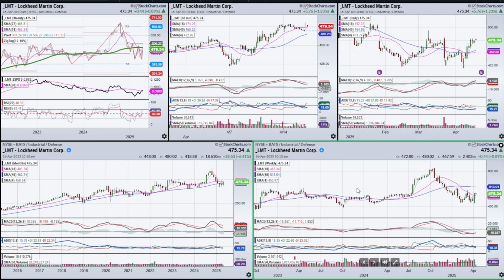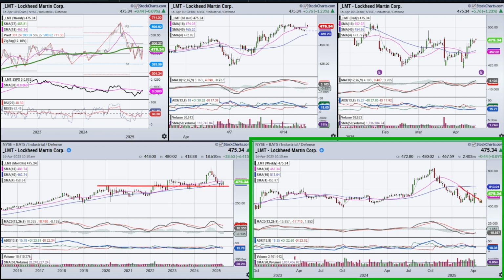All right, we've got LMT here, and I do think there's pretty good support. I can draw in and see that this is coming into a pretty decent area of support here. The problem I've got is that we still have a declining 18-week line. Yes, the MACD has crossed over, but we don't have any strength in the buyers. We're losing strength in the sellers, but we're really not showing strength in the buyers.